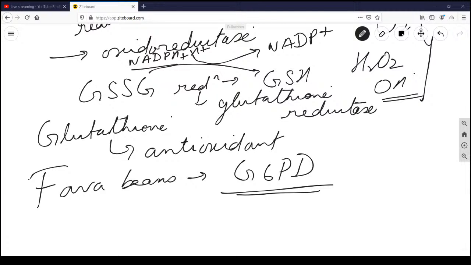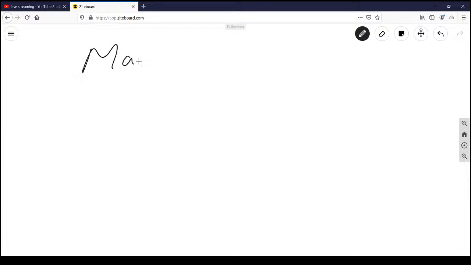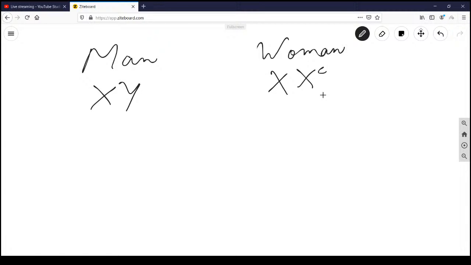So in the given case, what is happening? The father has the normal genotype, capital X, capital Y. The woman has one defective X, XC. She is the carrier.